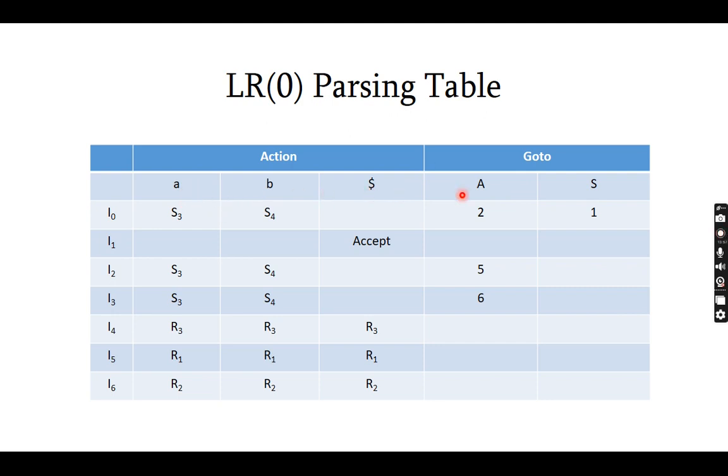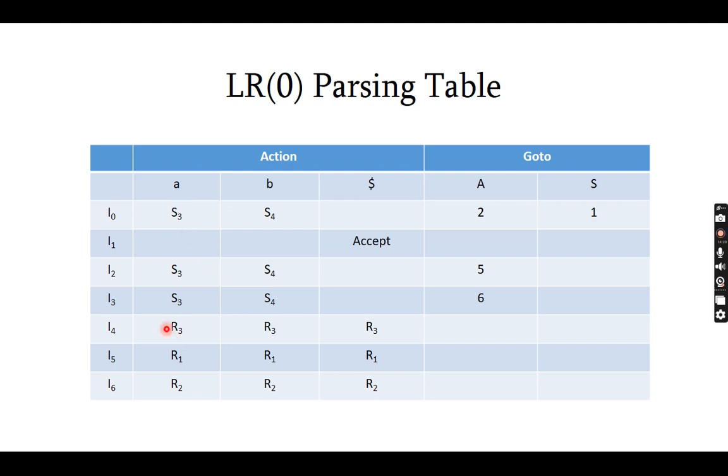Okay. So whenever it goes to a variable, you have to write just the number of the state, and whenever it goes to a terminal you have to write, for example, I0 on A, it is going to I3. I have to write S3 here. Why? What does S mean? S indicates shift operation. Okay. R indicates reduce operation.